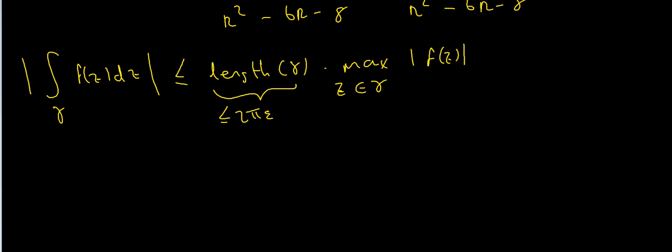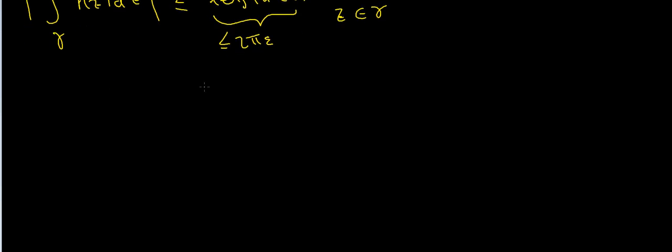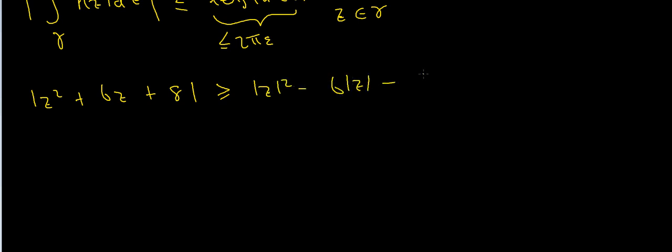So I want the maximum of root z over z squared plus 6z plus 8, bounded in modulus. I know from before that, by the reverse triangle inequality, mod of z squared plus 6z plus 8 is greater than or equal to mod z all squared minus 6 mod z minus 8.